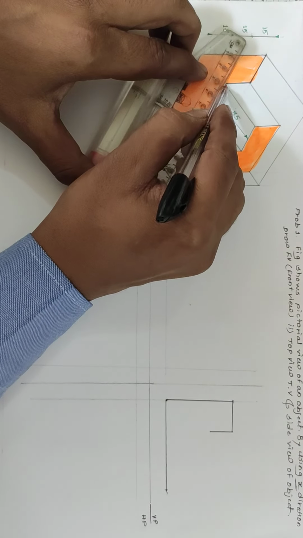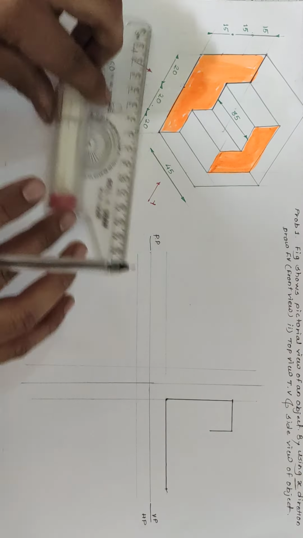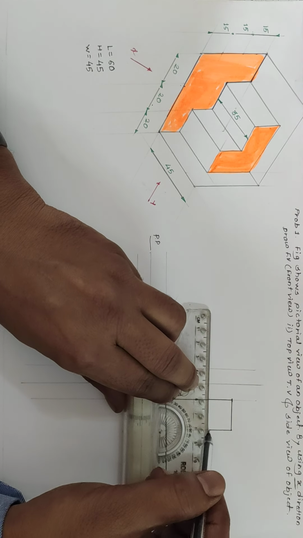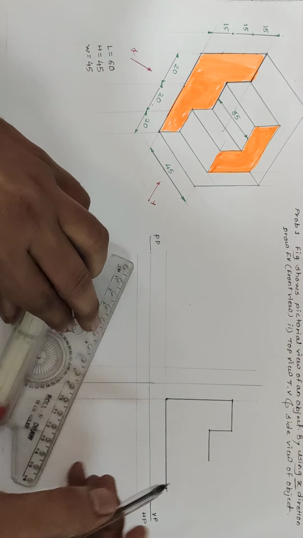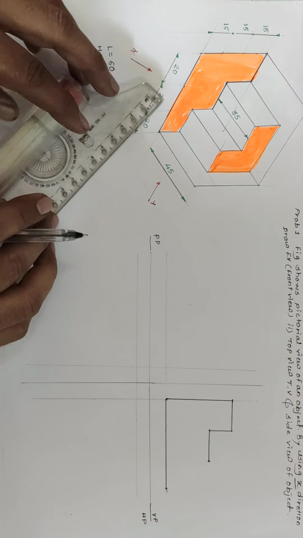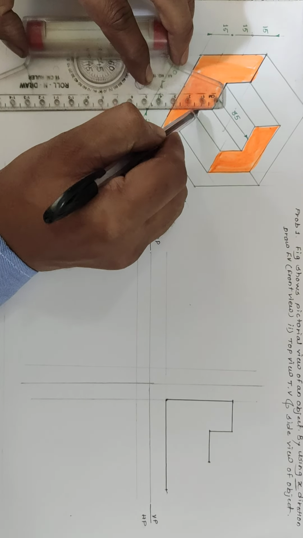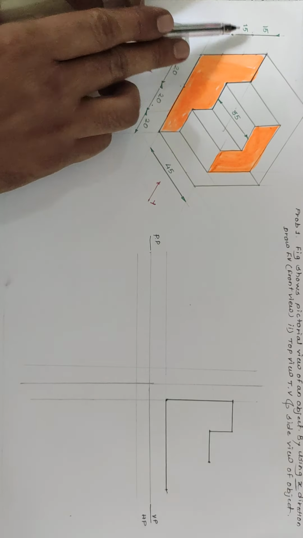Again from that end point, draw a horizontal line of length 20 mm. Use the roll and draw and mark exact points. So again this horizontal is 20 mm. Then for this shape, a vertical line from this point to this point is 15 mm.